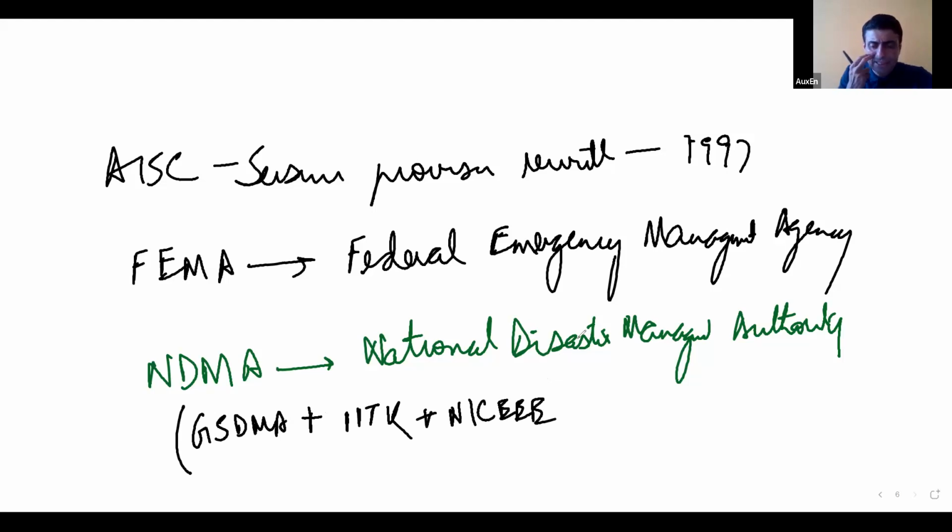I think triple E. These people did a lot of work on revising the codes, and their work mainly led to the revision of IS 1893 and 13920. Okay, so this was just a side note.